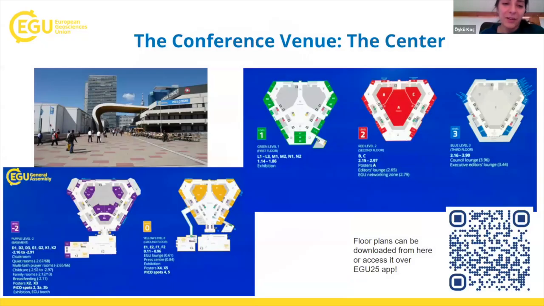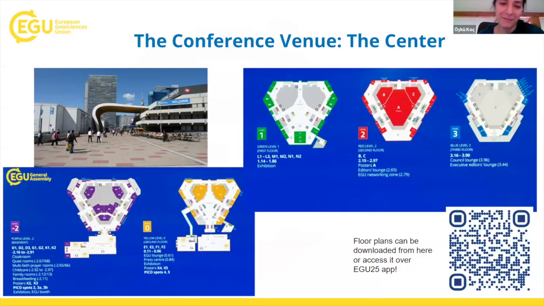Then here on the left, you can see the conference center. On the left-hand side, you see the building where you can pick up your badges. And most of the sessions are going to be in the right-hand side. At the ACV, we have 5 floors. It can be a bit confusing, but you can download the floor plans and navigate from there easily.